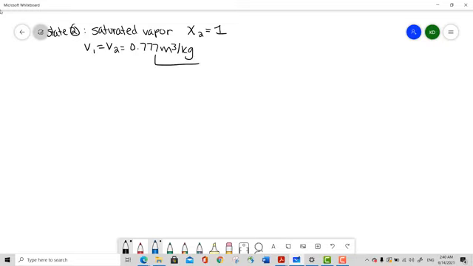And on this, you would have to interpolate. So I got this from the table. So the value is located between 10 bar and 14 bar.